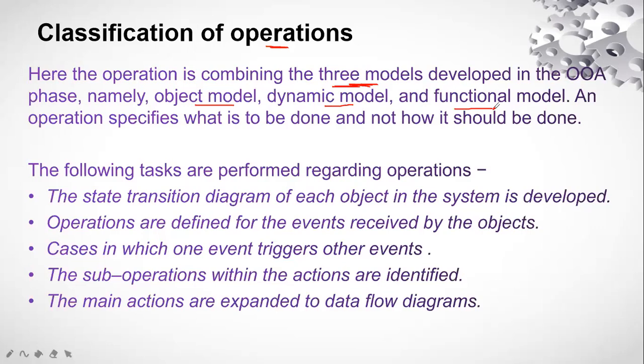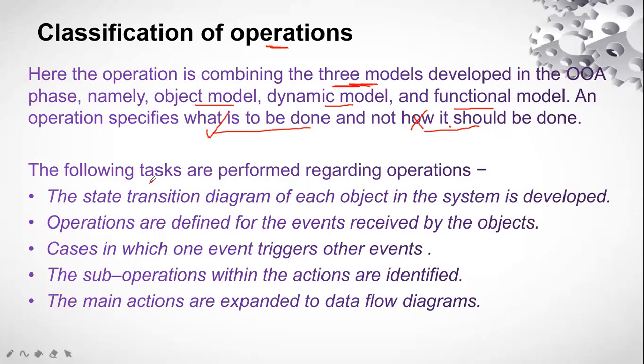But here we are combining the three models developed in the analysis phase, in the UML part, in the object modeling technique, right? We are going to focus on what is to be done rather than how it should be done. We are not going to focus on the how; we are going to focus on what is to be done, right?